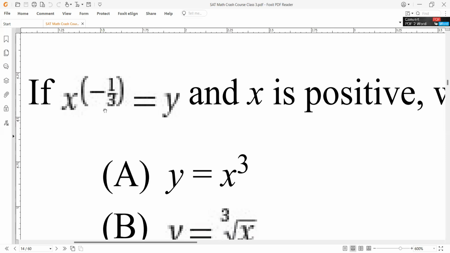So you really need to make x lonely just by using a negative cubic expression on both sides. You just need to raise the exponent to negative 3 on both sides.